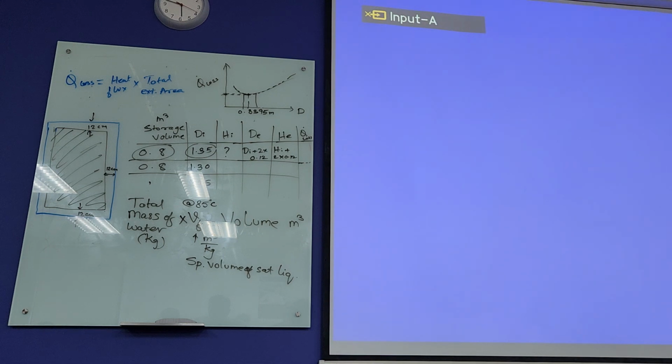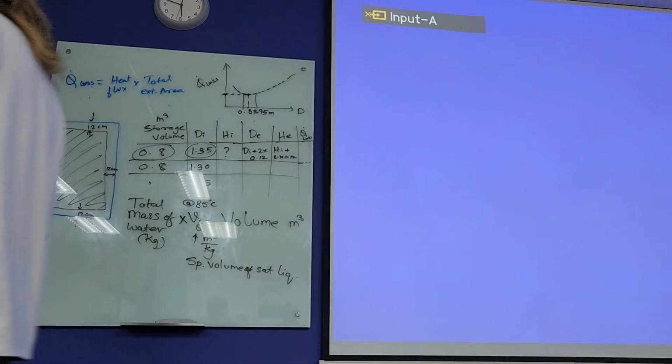And then step 3 will be... By the way, the surface area, right? Can you include the external surface area?